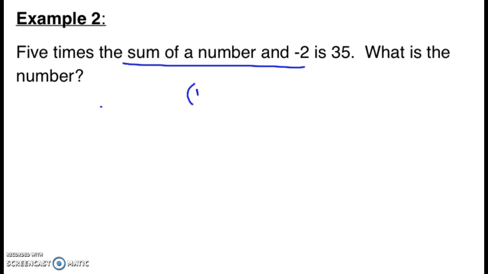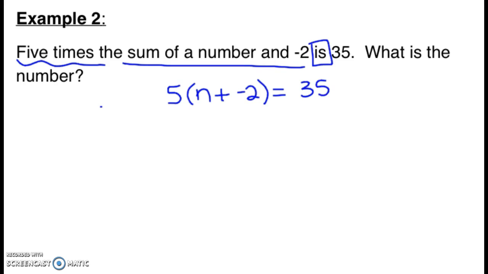Sum means addition, so I'm going to add n plus negative 2. Then I have to do 5 times that. So I'm going to write 5 in front because that means multiply. 5 times the quantity n plus negative 2 is, that's equals 35. So I've written it out, and then I can solve for the number and make sure this makes sense.